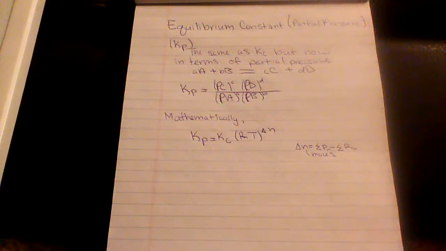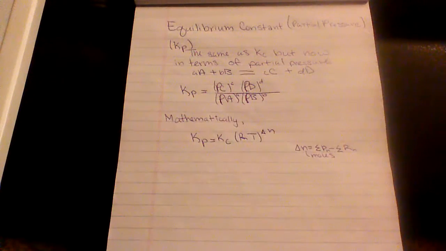Mathematically, this is derived from the equilibrium constant for concentration, applying the ideal gas constant and the temperature of the reaction to the power of delta n, where n is the moles or stoichiometric coefficients, the difference between the products minus the reactants.